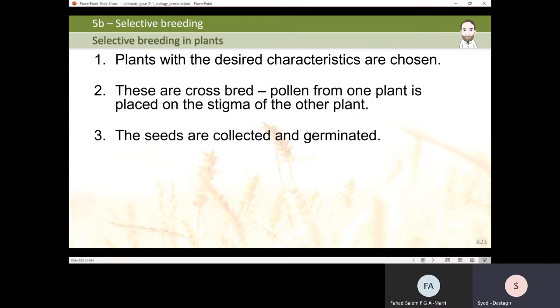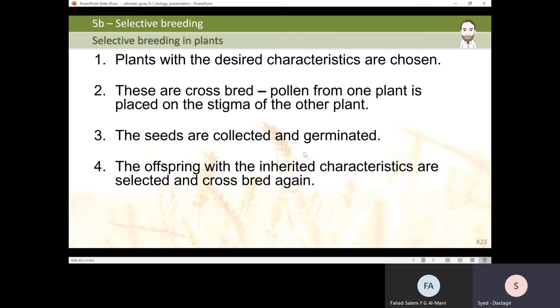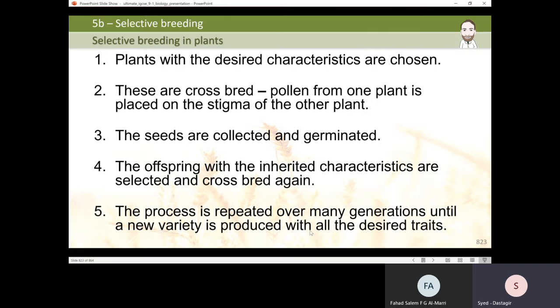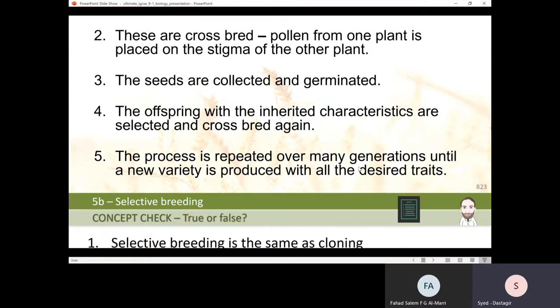Growth. When the seed starts to give out its shoots and root. The offspring with the inherited characteristics are selected and crossbred again. This process is repeated over many generations until a new variety is produced with all the desired traits.